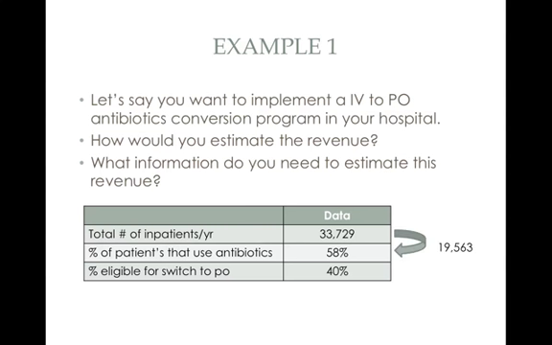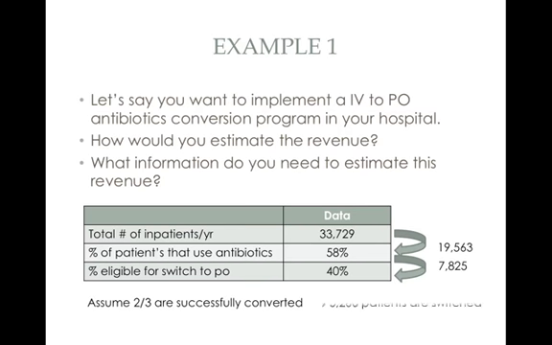Then, what percentage of those would be eligible for the switch to PO as per information obtained from our dispensing record. Last, a physician acceptance rate of 67% gives us an annual volume of work of 5,200 patients or switches. So our cost savings would be based on this number of annual volume of work.